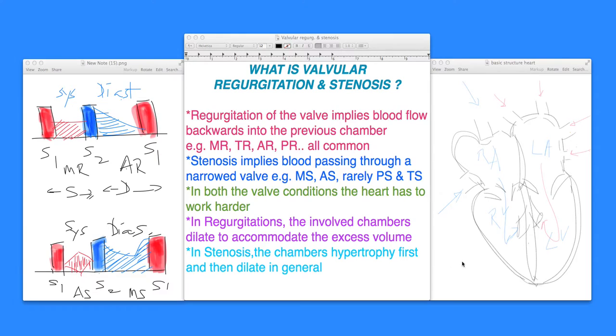Now, if there was a diastolic problem, like aortic regurgitation, how will that appear? When the ventricles are relaxing, the aortic valve and the pulmonic valve should normally close. But because there's an aortic regurgitation, the valve doesn't close, so some of the blood will start regurgitating back into the left ventricle.